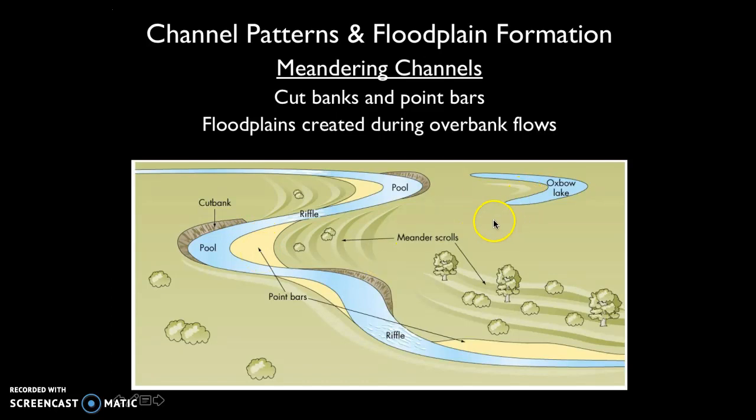These oxbow lakes form by the meandering of the river itself. Assume that this river used to have a curve that went all the way around close to where the oxbow lake is right now. But it started seeing that it took a lot of energy for the water to go around that side and then make its path back into this top part over here.